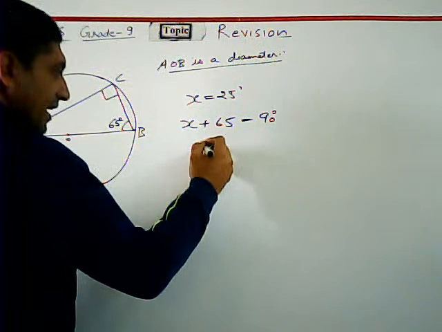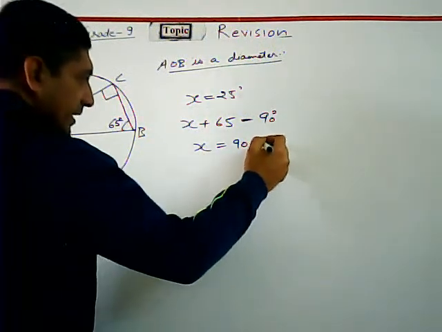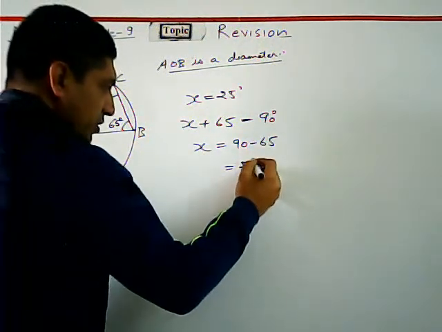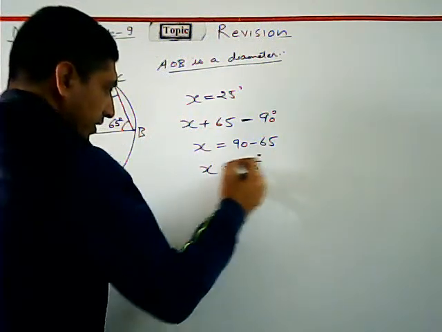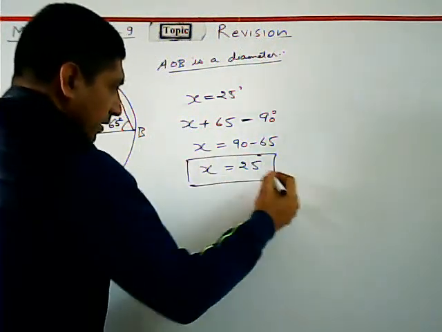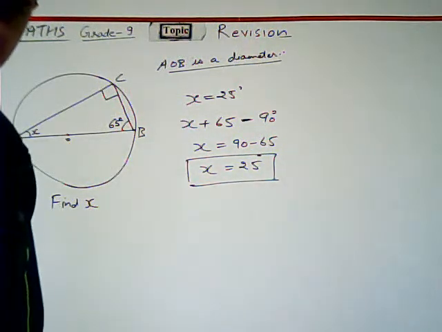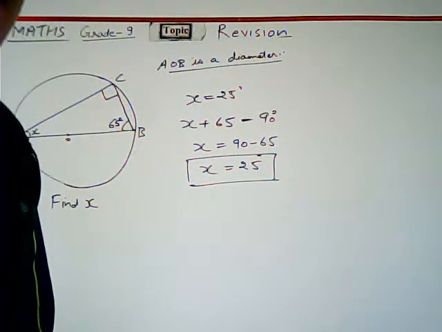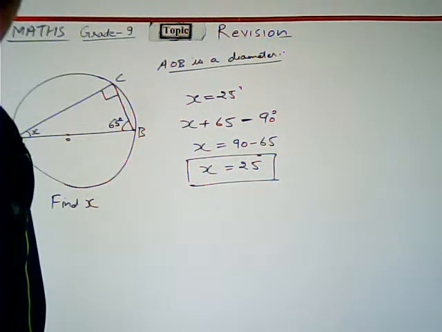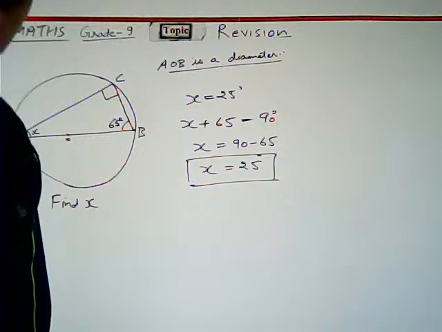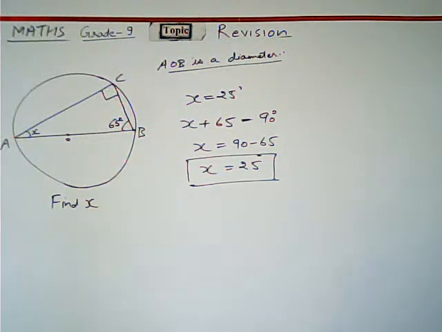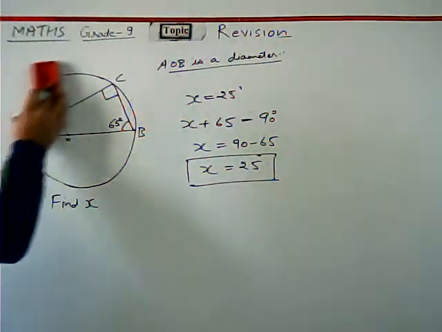So x is equal to 90 minus 65, which is equal to 25 degrees. Very right, Grover, 25. So next question.